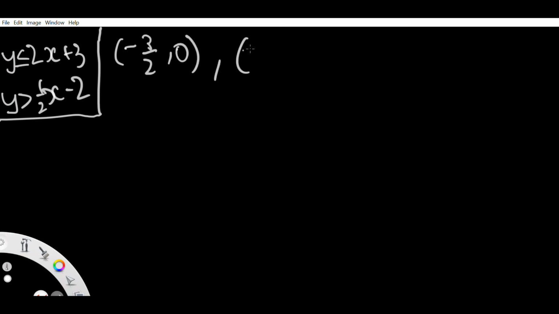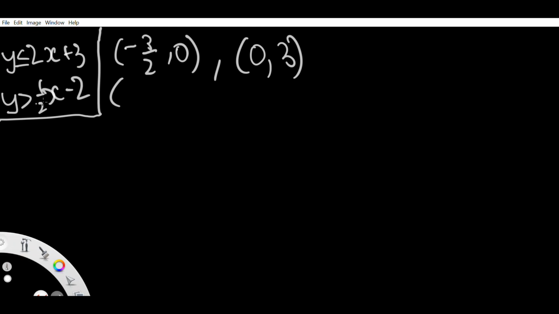If you're wondering how I found the intercepts, look at my previous video on finding intercepts. Then y is less than or equal to 2x plus 3, substitute 0 for x to get y equal to 3, meaning 0, 3.